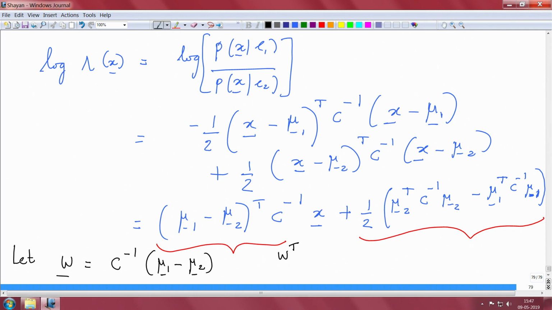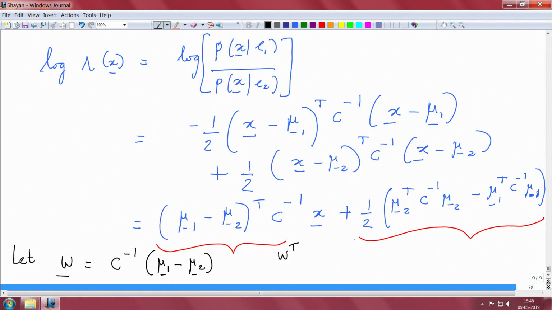Okay. So, I repeat again. If we define W equals C inverse mu 1 minus mu 2, then W transpose is mu 1 minus mu 2 transposed times C inverse transposed. And if C inverse transposed is C inverse, then we have this quantity.